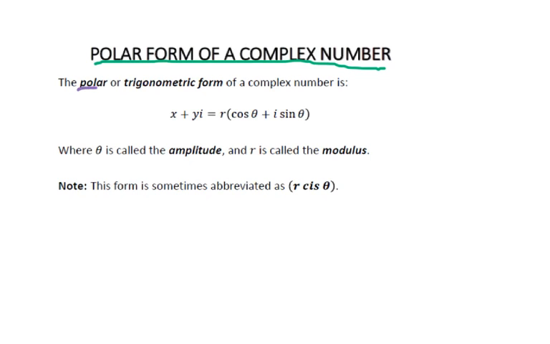Here is a conclusion: the polar form of complex numbers. The polar or trigonometric form of a complex number can be expressed as this one, where theta is called the amplitude and r is called the modulus. This form is sometimes abbreviated as r cis theta.